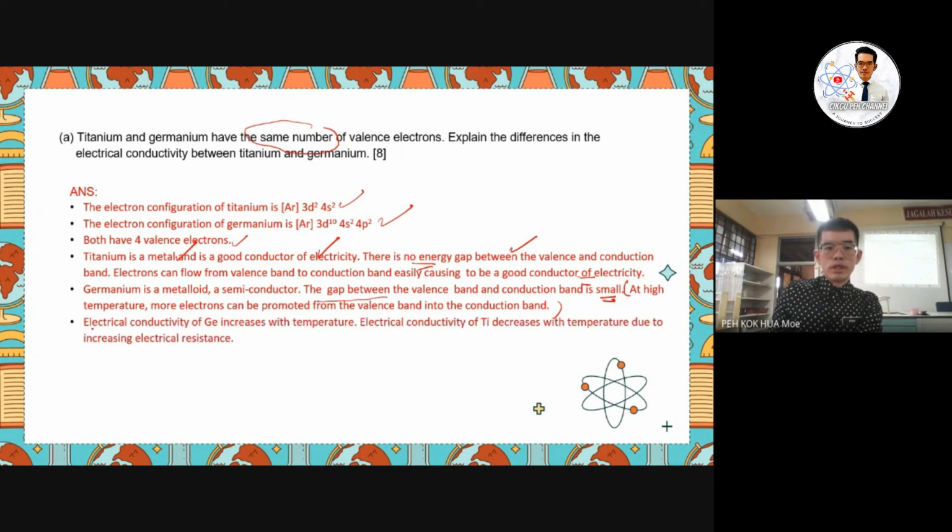So the electrical conductivity of germanium increases with temperature. The electrical conductivity of titanium will decrease because for a conductor, when the temperature increases, the vibration will stop the flow of the electrons.